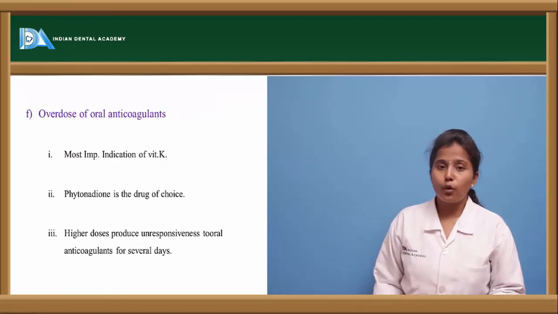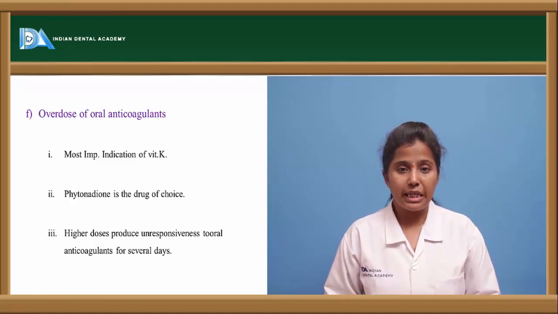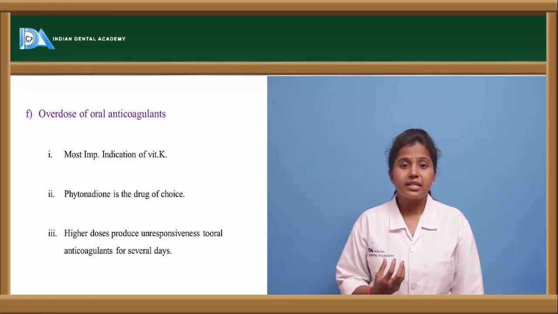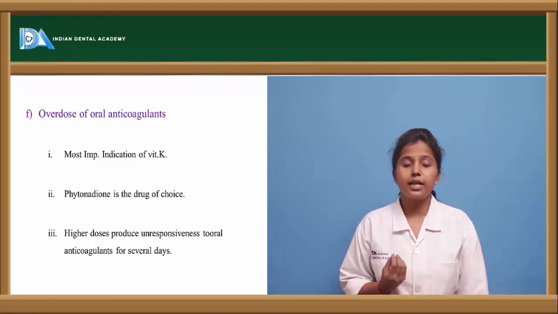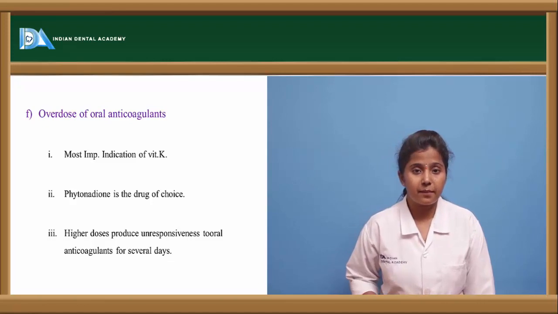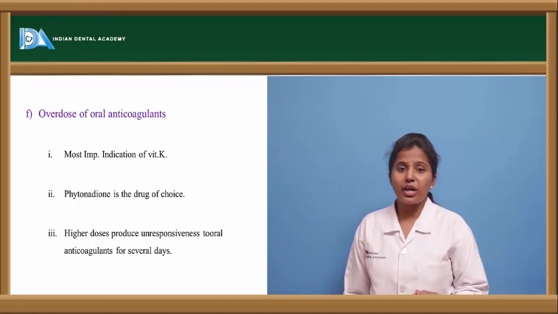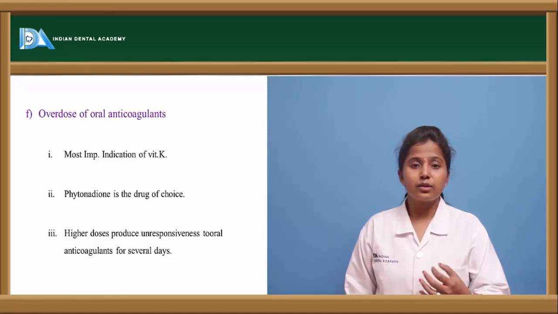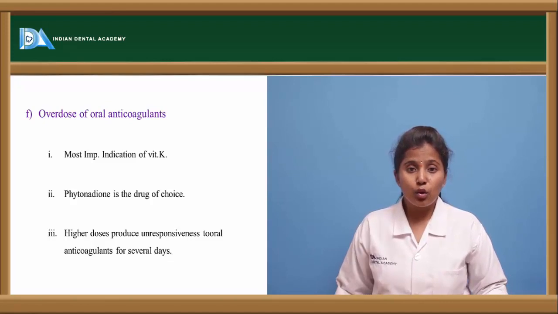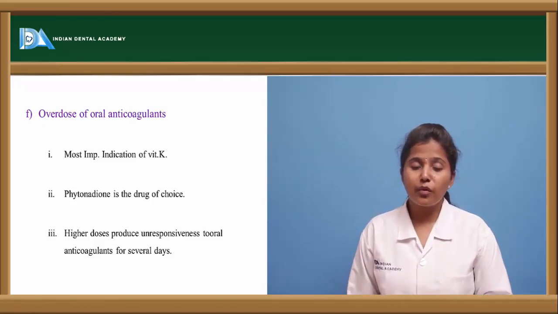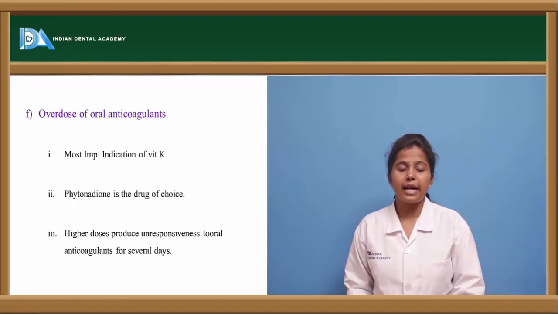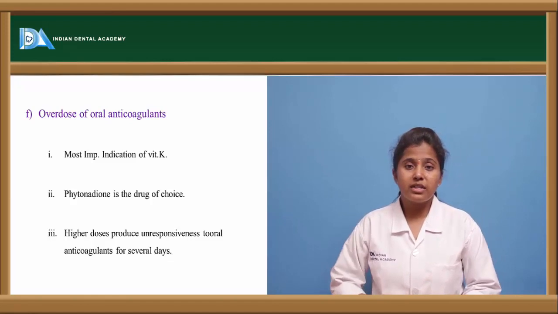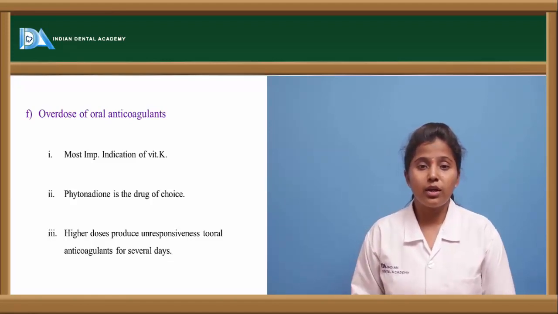Now, overdose of oral anticoagulants. There are oral as well as parenteral anticoagulants. If there is an excessive amount or overdose of oral anticoagulants, it causes deficiency of vitamin K. In that condition, vitamin K supplements are given through the parenteral route, because when oral anticoagulants are taken, they undergo metabolism, and when the metabolism is complete, they exist in inactive forms, or are depleted and of no use.